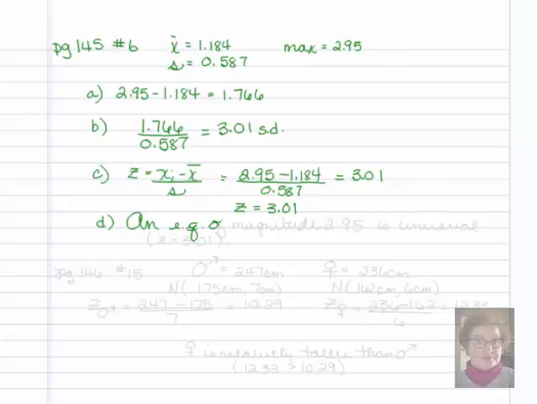An earthquake of magnitude 2.95 is unusual. And I'm going to say z equals 3.01. And that's how you would do a problem like that.